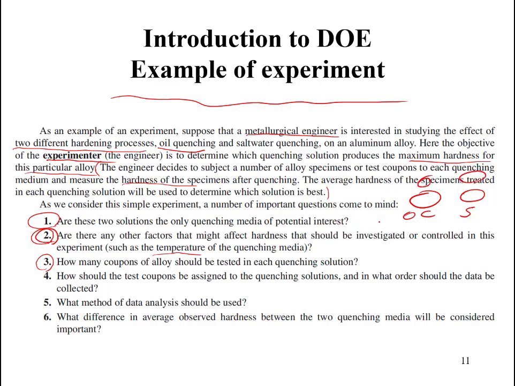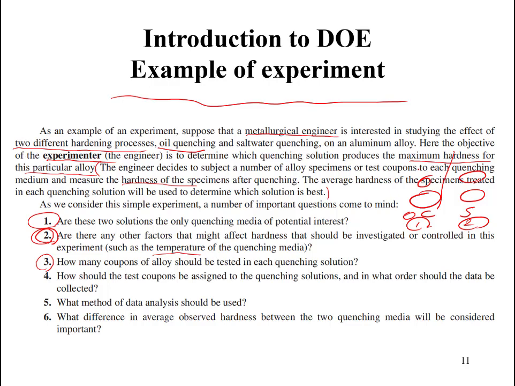How many specimens are enough to understand whether the hardness is different between these two types of hardening? The number of specimens can be called the number of samples for each factor, for each effective parameter, and it is another question. We need to decide about that. How many is enough? This is another thing we usually do in design of experiments.